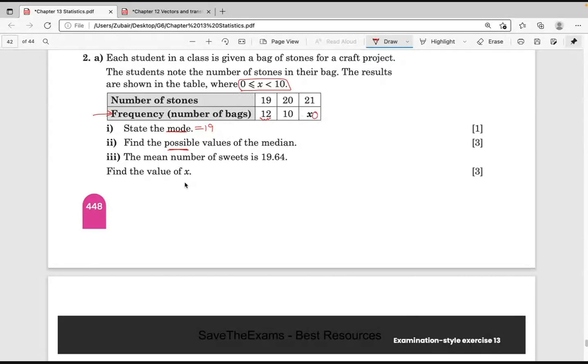If this is 0, then the remaining total is 22, 12 and 10. 22 means 11 on this side, 11 on the other side. That means the 11th and 12th numbers will be the median, and they lie in the first group. So the median is straight away 19.